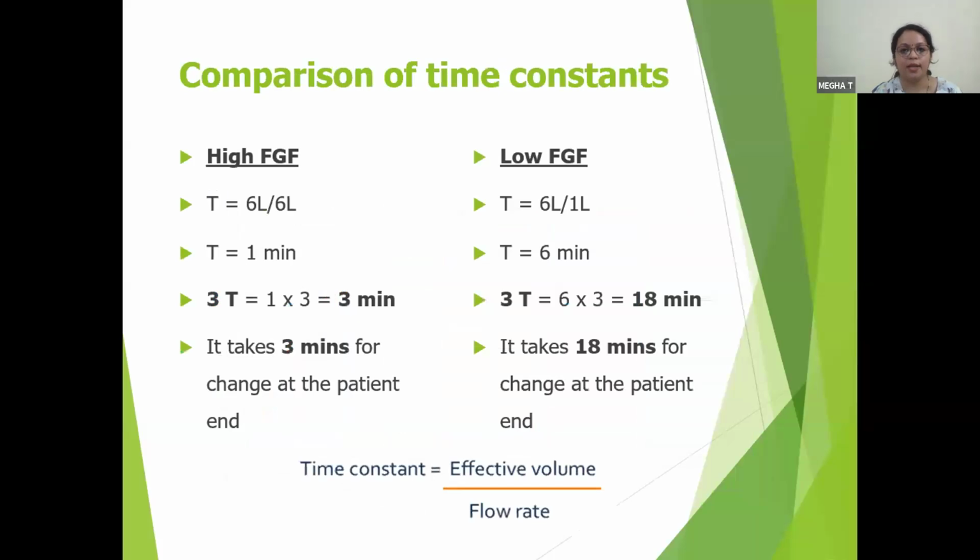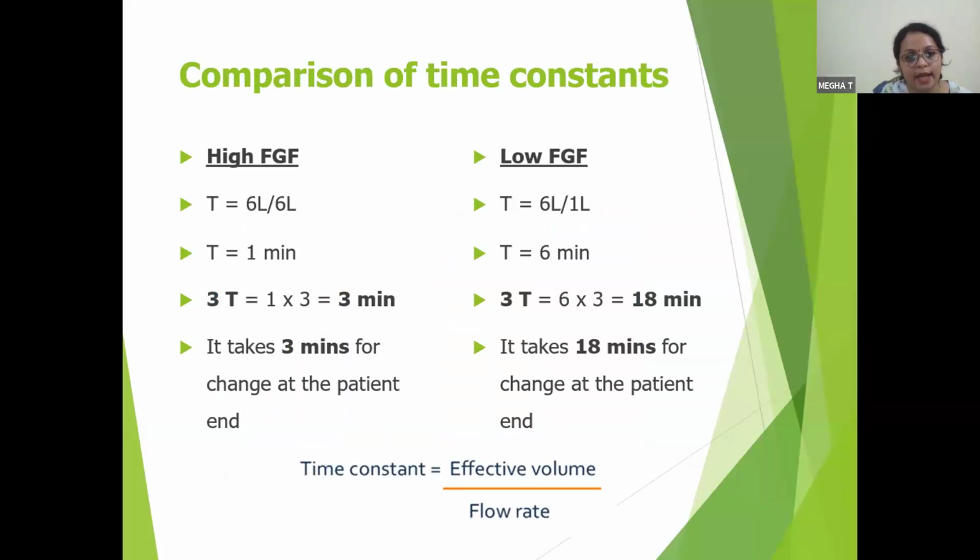So to understand better, there's a comparison. As I already said, this is Conway's formula, that is, time constant is effective volume divided by flow rate. So imagine effective volume 6 to 8 liters, I told, but for easier mathematical calculation, we'll take it as 6 liters. So in a patient where we are using high fresh gas flow, effective volume 6 liters divided by flow rate, I have kept at 6 liters.